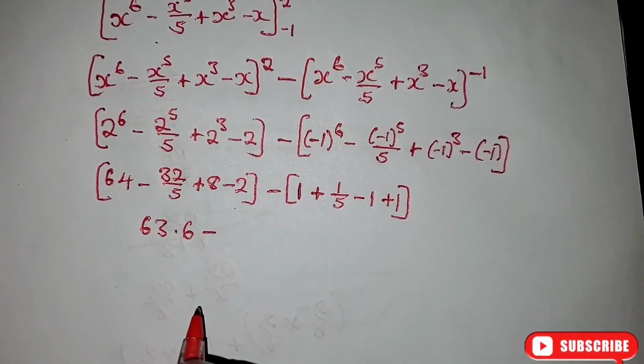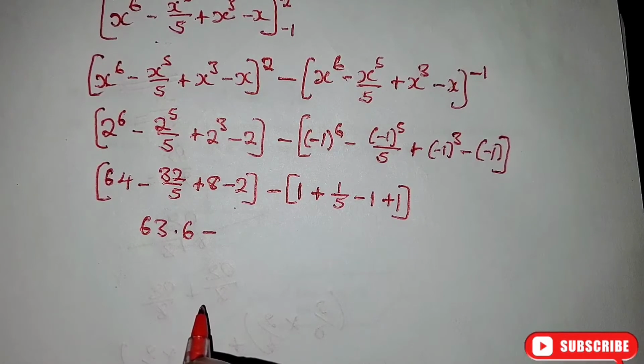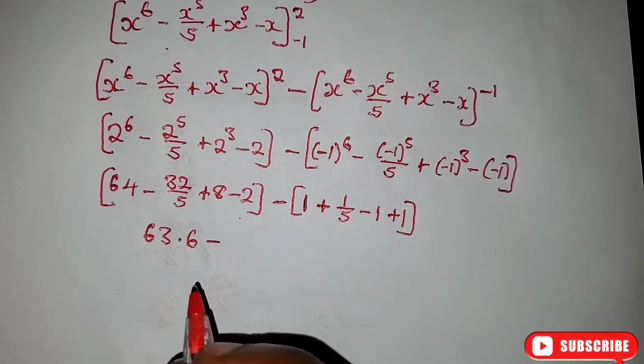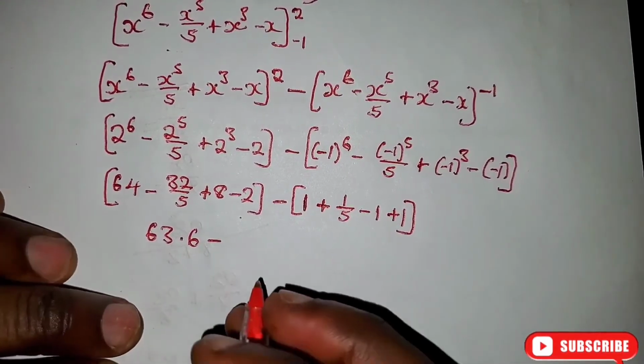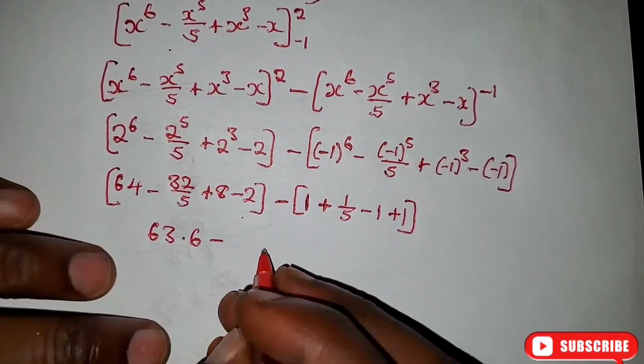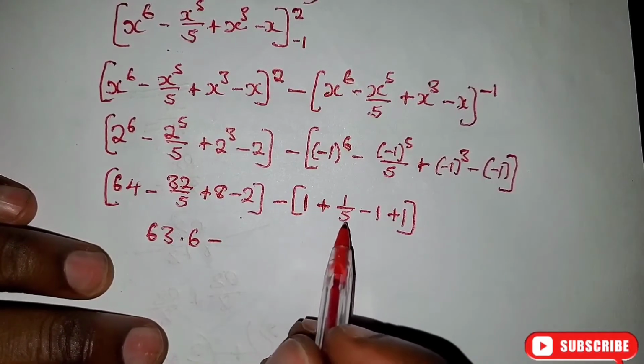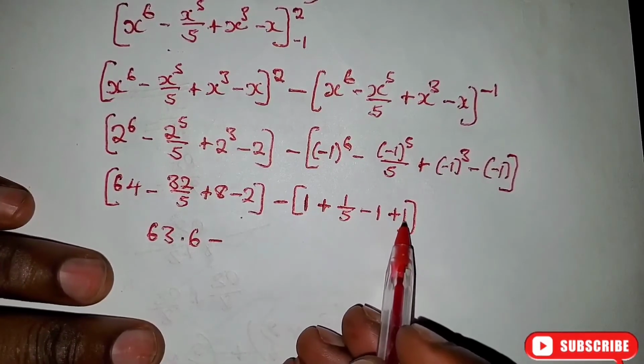Let me double check, I don't want to make mistakes here. Yeah, it's correct. It's 63.6. Then this side, you know that this will give us 0.